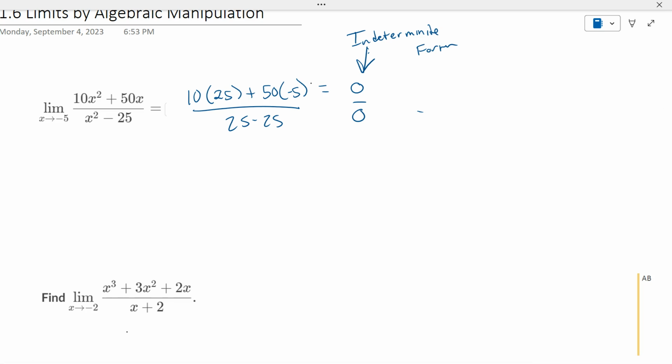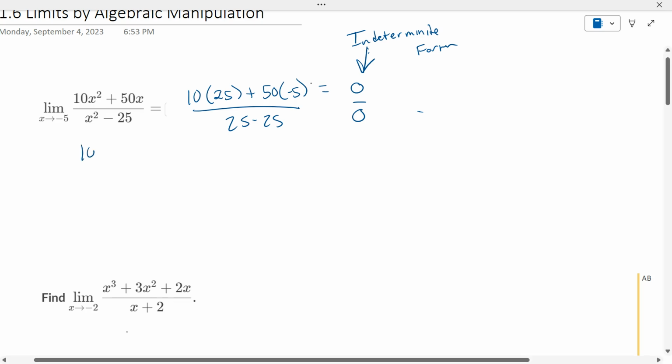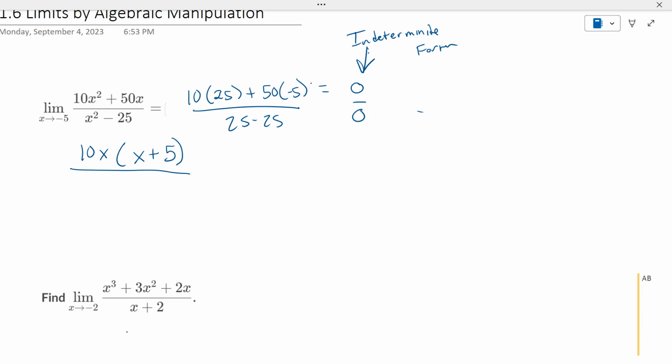So we go back to the start again and say, hey, I learned in Algebra 1 that we can factor. Let me take out a 10x out of here. And I get x plus 5. The denominator, how does it factor? Starts with a D. Difference of squares. There we go, Kate. Difference of squares.